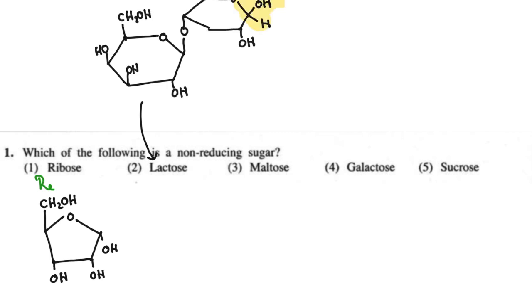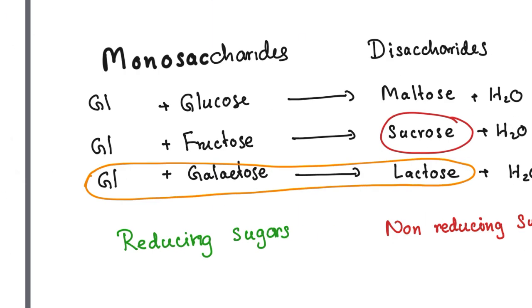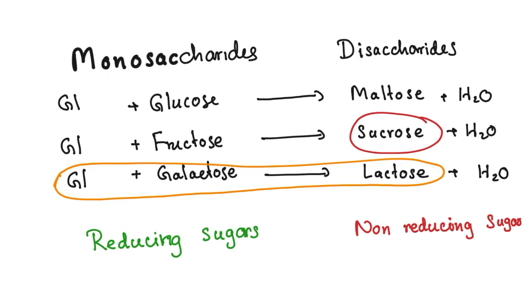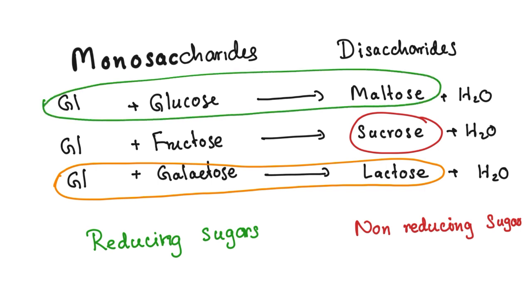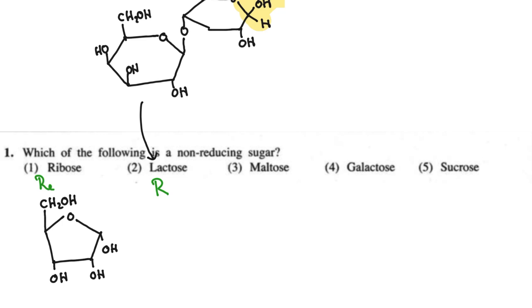Here, due to the presence of this group, lactose can act as a reducing sugar. Then the third one, maltose. Again, maltose is a disaccharide, the product of the reaction between two glucose molecules. That is again a reducing sugar.